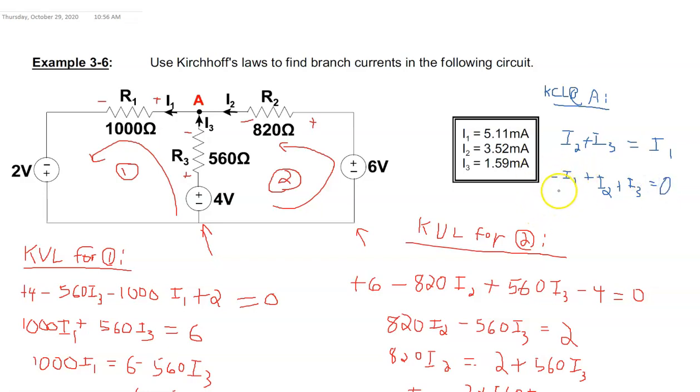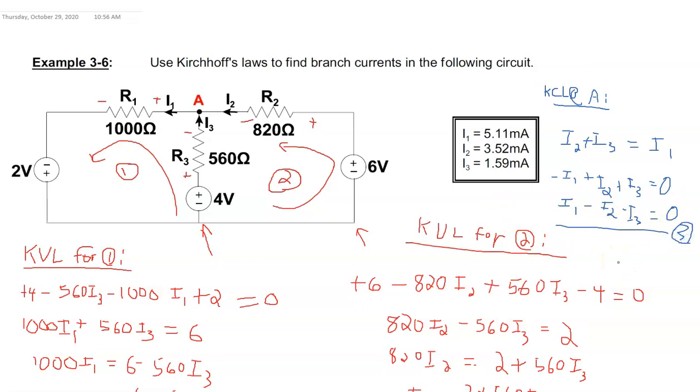I like to have this term as positive, but it doesn't matter. These are all equivalent: I1 subtract I2 subtract I3 is equal to 0. If I multiply this whole equation by -1, I get this. Either one of those works, and we call that equation 3.